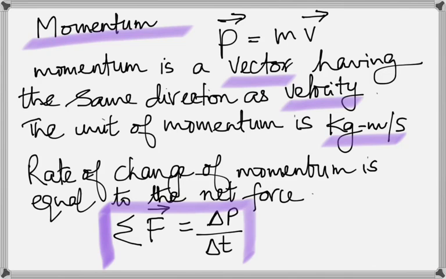Change in momentum. What's delta t? Change in time, because time always changes, right? So right there you have another formula for force. So you can calculate net force either using mass times acceleration or change in momentum divided by time. But I'm going to prove now that it's one and the same.